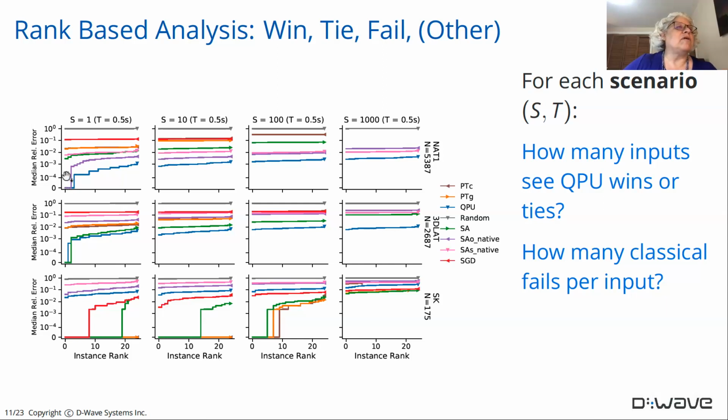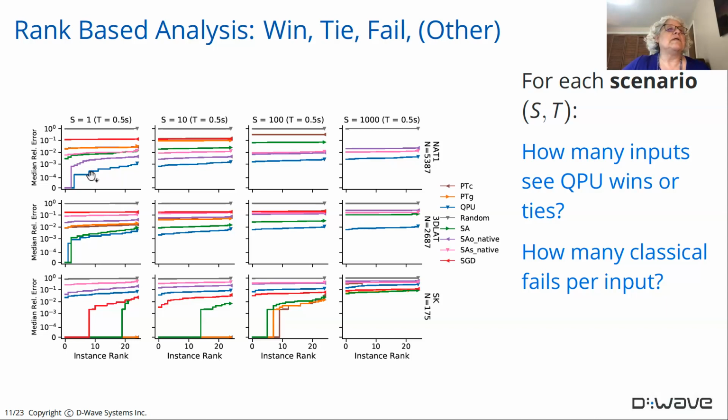It's a special kind of log scale that transfers back to linear near 0, so that we could get a good look at the lower curves, the curves in the lower parts of this graph. So for example, on these NAT1 problems, we're looking at which curves are below which other curves, and the QPU is in blue. So we can see that in all 4 scenarios, the QPU is returning better results.